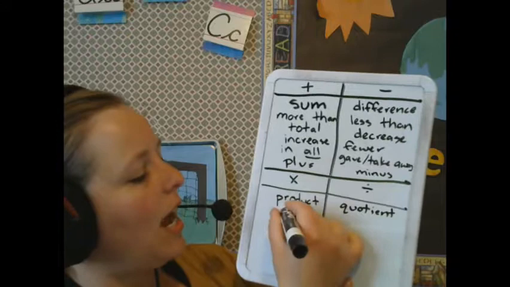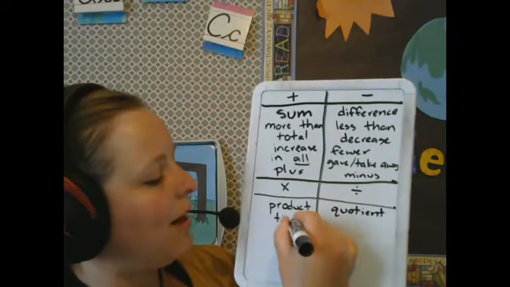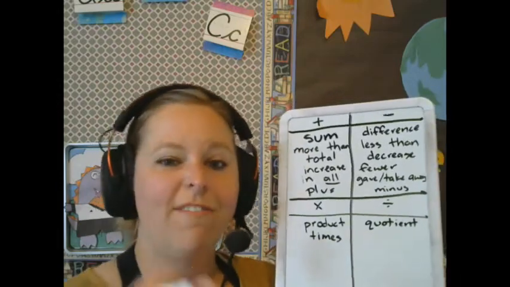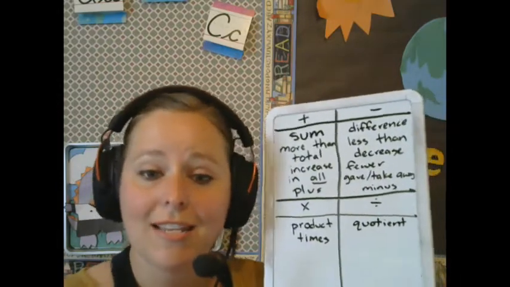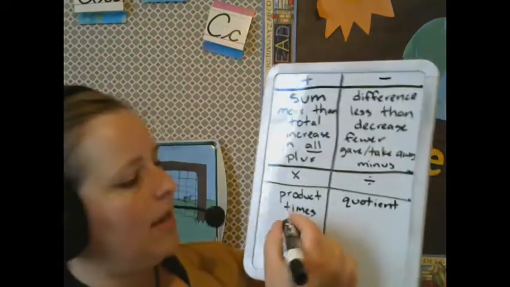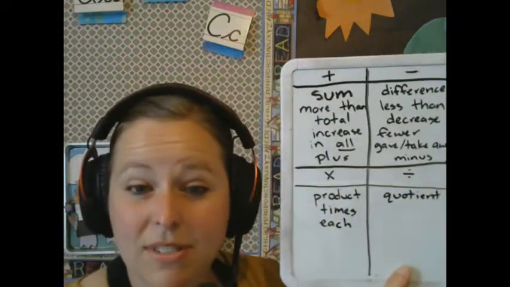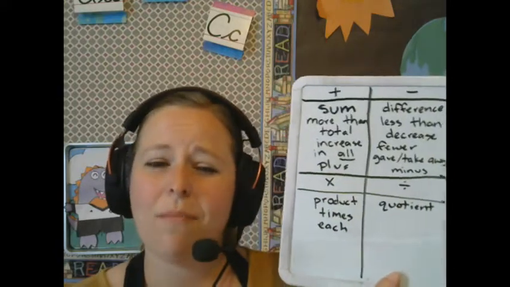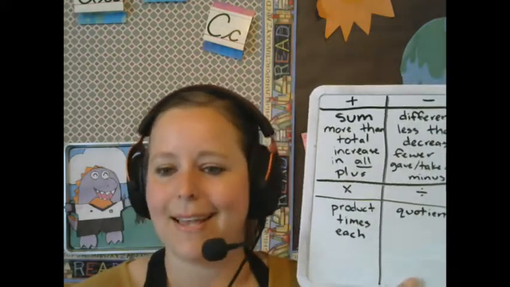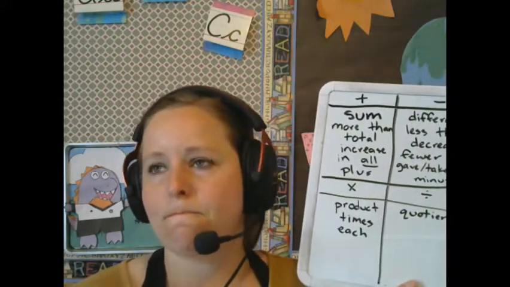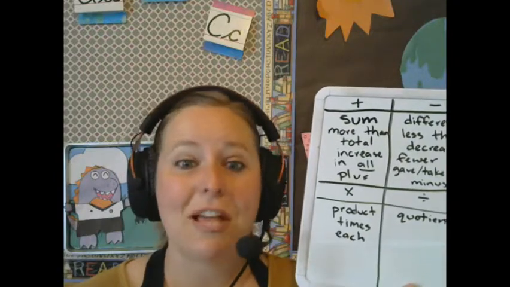Then we've got the word times, which we talk about quite a bit, right? We talk about our times tables, what 5 times 3 is, all those different things. If you look at the word each, sometimes that will mean multiplication as well. So you might have a story problem like buying things at a store.